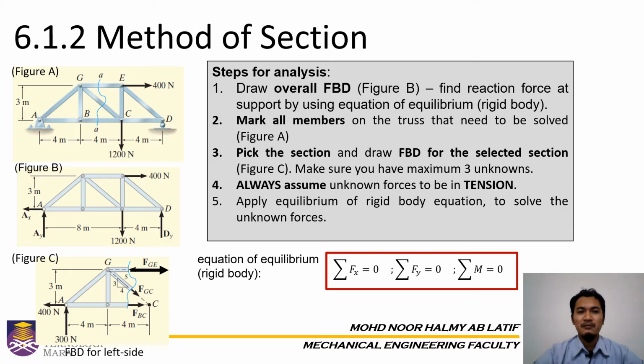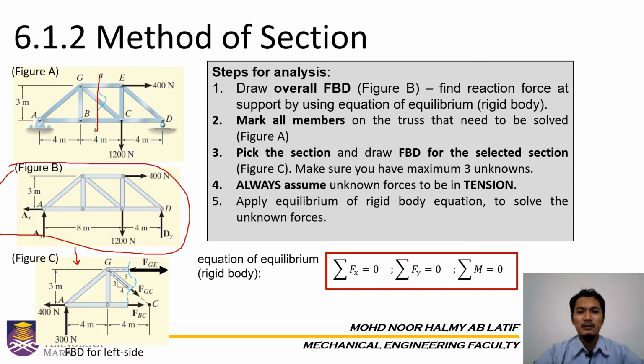So we have figure A where it has the problem, then we draw the free body diagram as in figure B. Next, mark all members on the truss that need to be solved as in figure A. So we mark here. Then pick the section and draw the free body diagram of the selected section as in figure C.